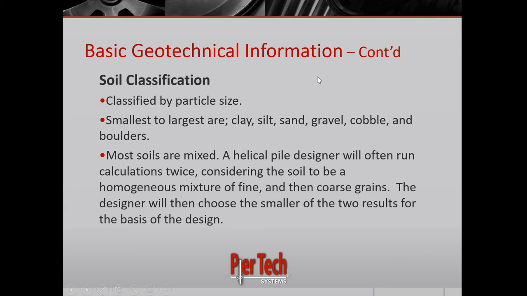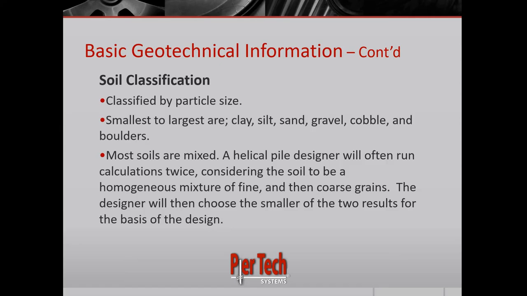Soil is generally classified by particle size, from smallest particle to largest. Going from left to right, you have clays as the smallest, then silts, sands, gravels, cobbles, and boulders. You can have a mixture of all of these soils together. When the soils are mixed, the designer will run calculations as if the particles are cohesive in nature, meaning they stick together, or cohesionless, like your sands and gravels that act as separate particles.